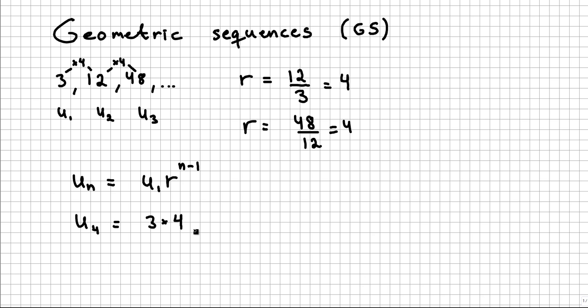So that would be 4 minus 1. Let's continue here. 3 times 4 to the power of 4 minus 1, which is 3. So we have to calculate this first, 4 to the power of 3, and then multiply it by 3.